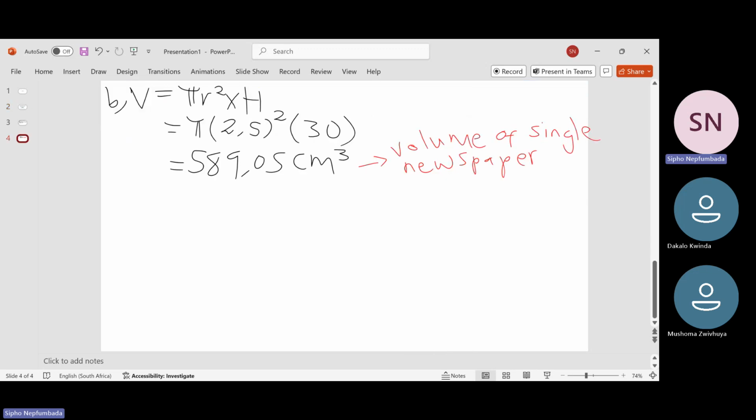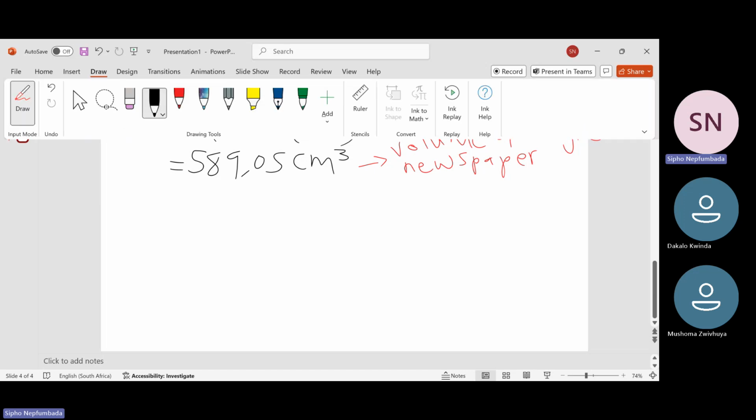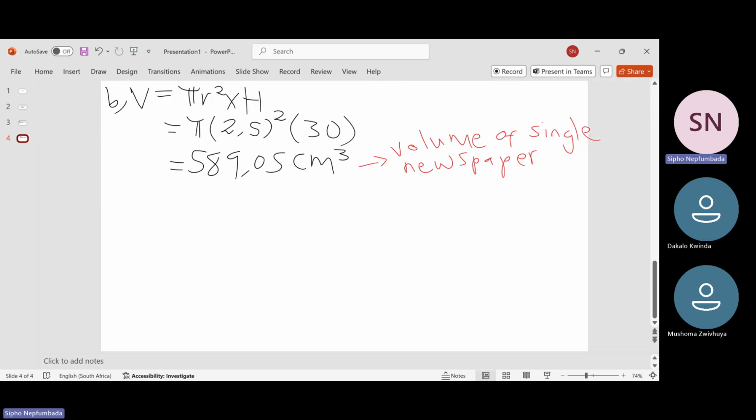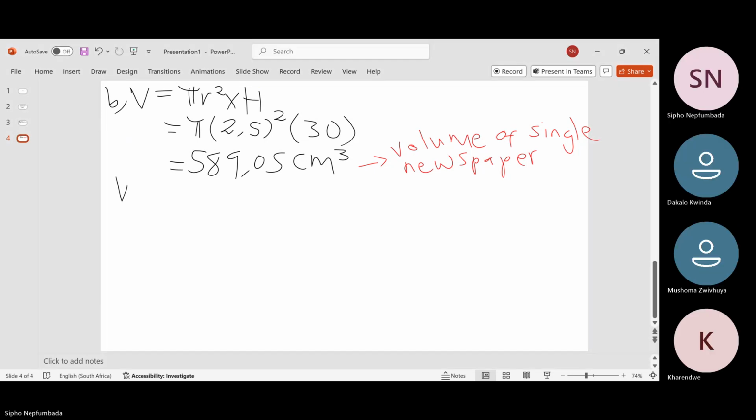But here we have the volume of a single newspaper, 589,05. So the volume of 35 newspapers will be equal to what? Therefore, V total is going to be equal to 35 multiplied by the volume of a single newspaper, so that we get the volume of the package of 35.